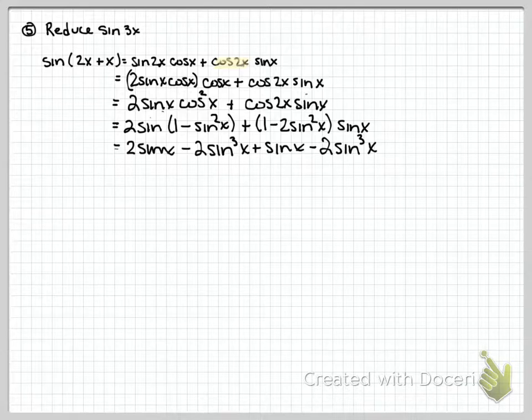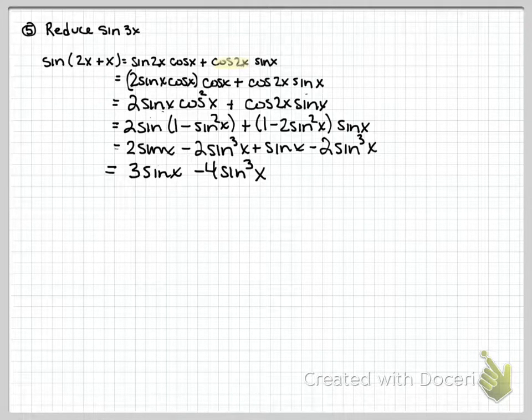Combine like terms, and I get 3 sine x minus 4 sine cubed x. Okay? So we've broken it down using our formulas, and that's what we have. So that is example number 5. Let's move on to example 6.